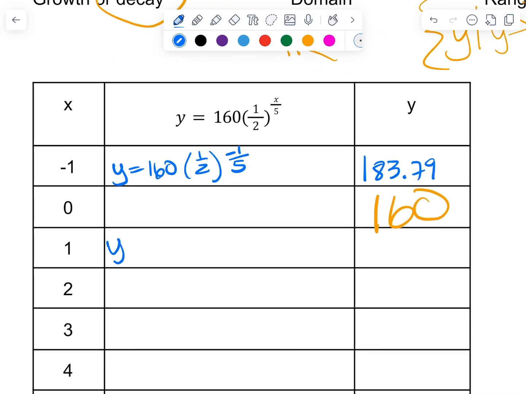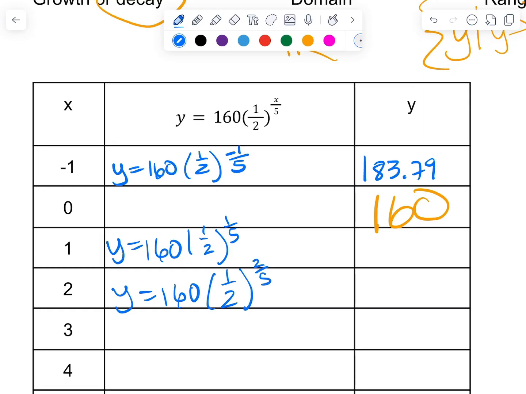Actually, you know what I'm going to do? I'm going to do this first. So 1/5, I'm going to do it like this. So that's to the 2/5.